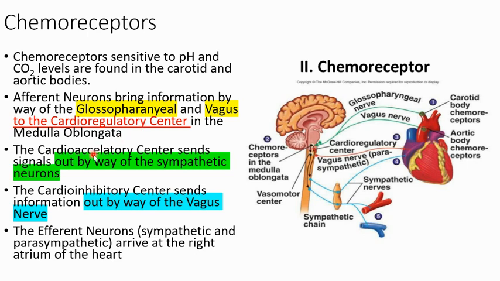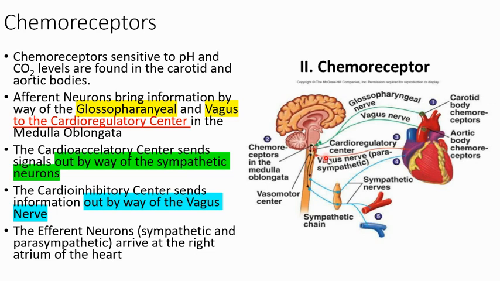Now, the cardioacceleratory center of the cardioregulatory center is going to send out signals by way of those sympathetic efferent neurons. And then the cardioinhibitory center is going to send out information by way of the vagus nerve. So the response of the cardioregulatory center is going to depend on what's coming in.